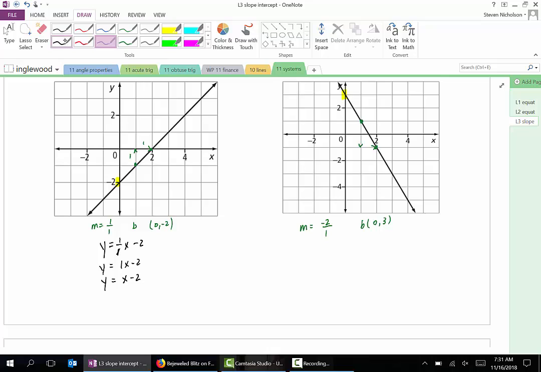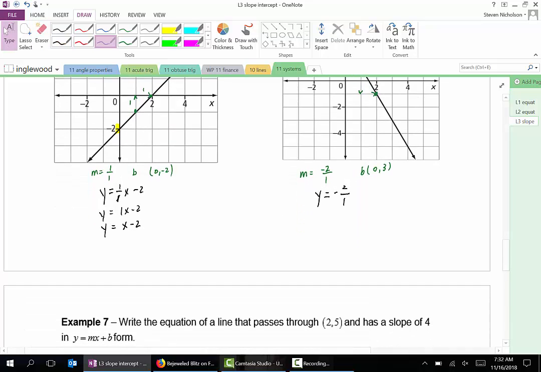So in the second one, y is equal to -2/1 x plus 3, or we could write -2x plus 3. Plus 3, sorry. Plus 3. Okay, so quick and easy, being able to find the equation of a line.